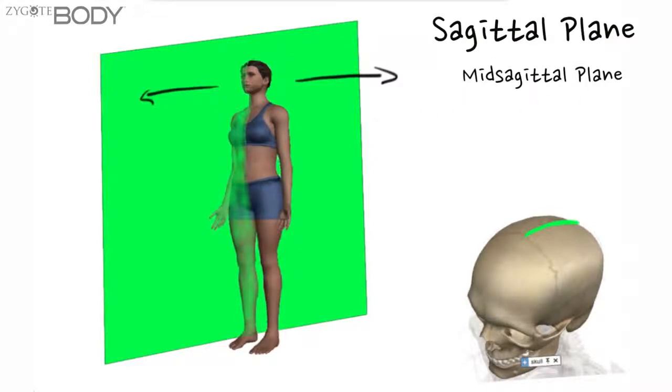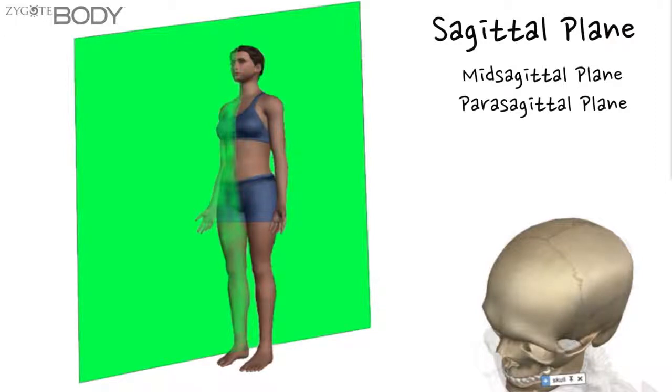If we were to move this plane a little bit to the left or the right, but still maintaining the same front to back direction, this would be called the parasagittal plane.